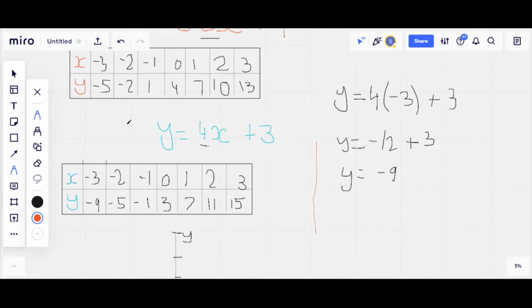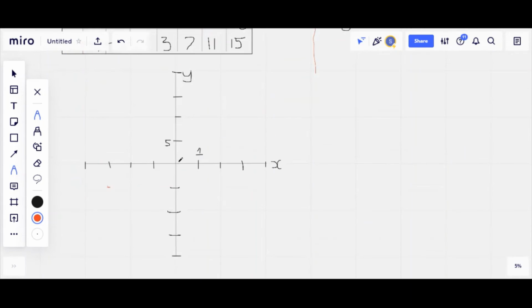Now let's have another look. -2 and -2. -2 here. -2 I think will be around there, just above that middle mark.